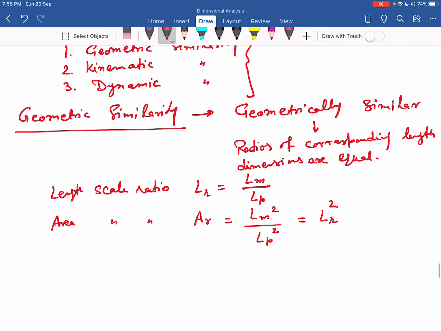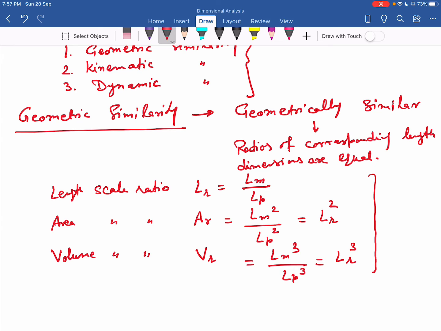And there is the volume scale ratio, VR, which we write as LM cube divided by LP cube, or that is LR cube. These scale ratios are to be established between the model and its prototype. Then you can say there is a geometric similarity between the model and its prototype.